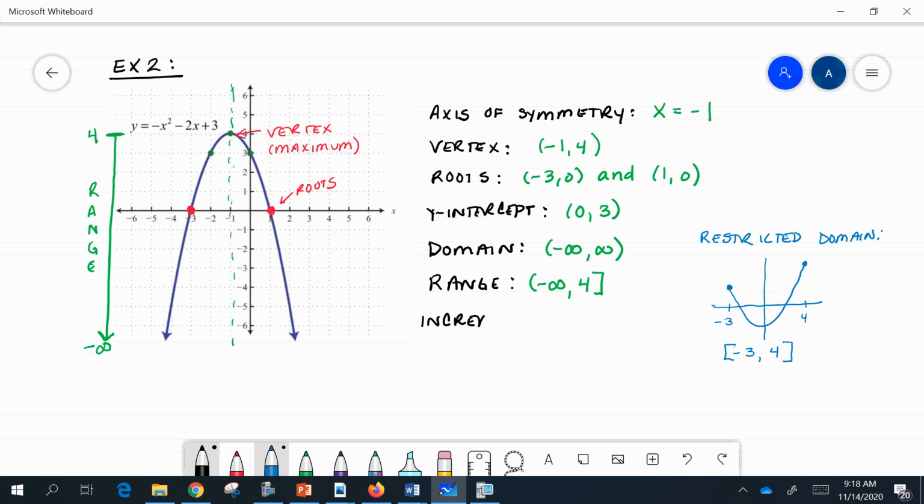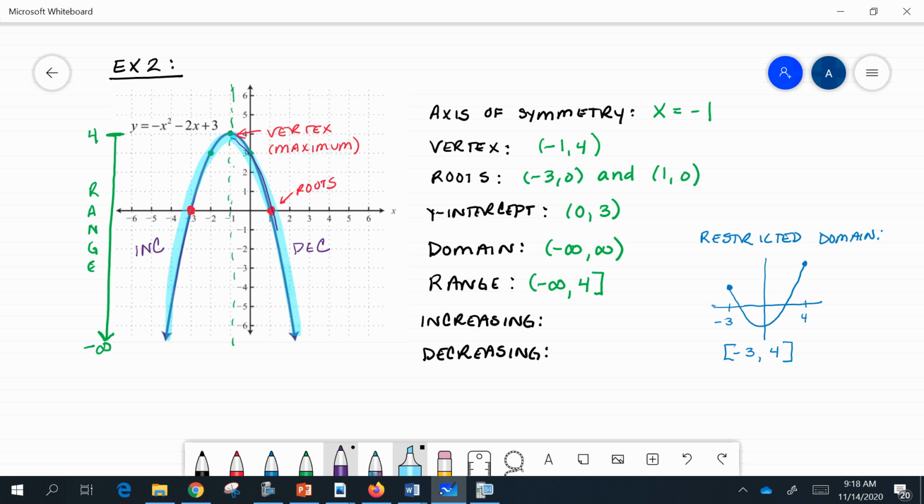The intervals of increasing and decreasing. When we do this, we're taking notice that the y values are increasing over here on the left side, and then you hit the vertex, and then the y values start decreasing over here on the right.